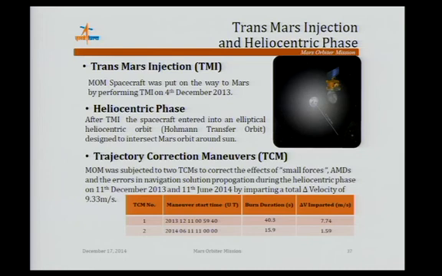It was subjected to 2 TCMs to correct the effect of small forces, angular momentum dumping, and errors in the navigation solution propagated during the heliocentric phase, on 11th December and 11th June, by imparting a total delta V of around 9.33 meters per second. Next.